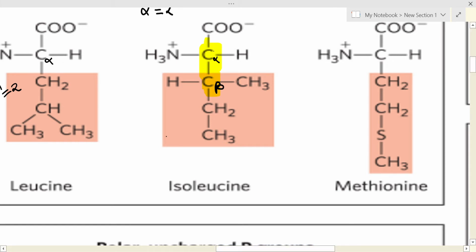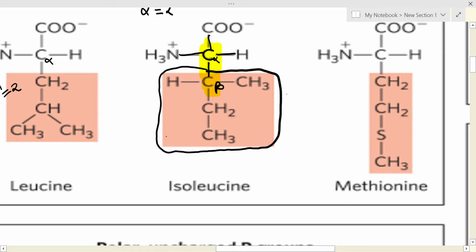Why? Because chiral carbon 1 or chiral carbon alpha, this has first bond, second bond, third bond, and fourth bond. This fourth bond means this whole R group. These 4 bonds are different. So alpha carbon is chiral in nature.